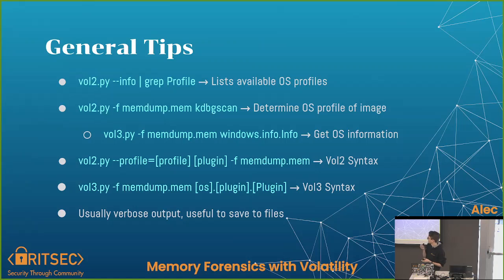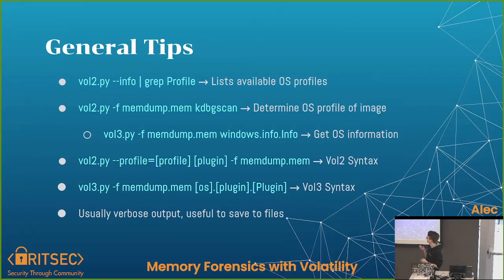And in terms of actually determining the operating system profile, you use KDBG scan, which looks through for various signatures to try to find the correct one that matches. There's also image info, which is a quicker way to scan for it, but it's less thorough and might not give the accurate profile, so I recommend using KDBG scan.